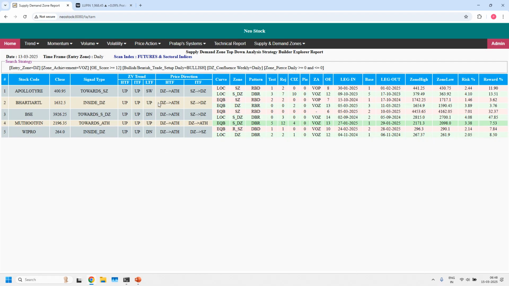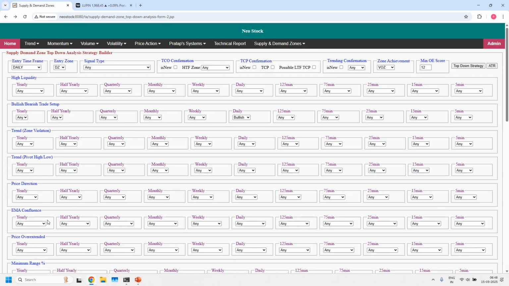So that's why we can further filter these stocks based on the EMA confluence. So I'm going back to the strategy builder screen. Here, whatever we set earlier is all available. Now, to those parameters, we are going to add one more parameter. What is that? EMA confluence. Which time frame? Weekly. But you may say our entry time frame is daily. Why are we focusing on weekly?